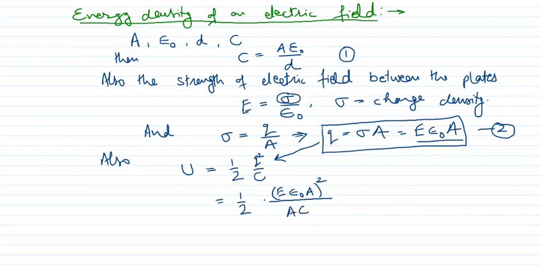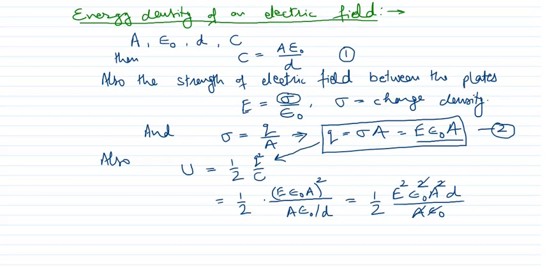A epsilon naught upon D. It will become 1 by 2 E square epsilon naught square A square D divided by A epsilon naught. Clear?